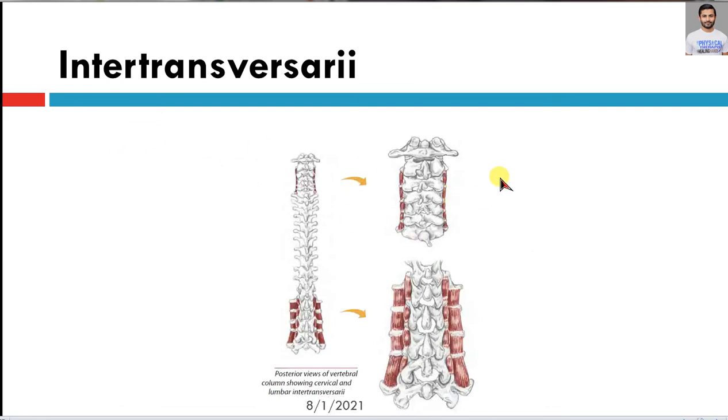The intertransversarii are deep, small muscles that are absolutely not needed to palpate for any pathology, because being small muscles, they can easily be affected by maneuvers like stretching and manipulation.